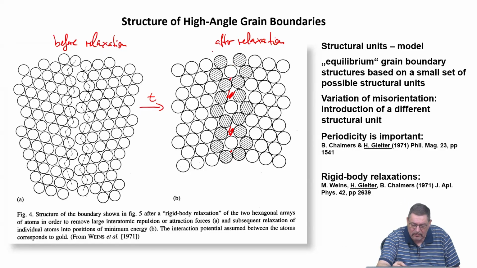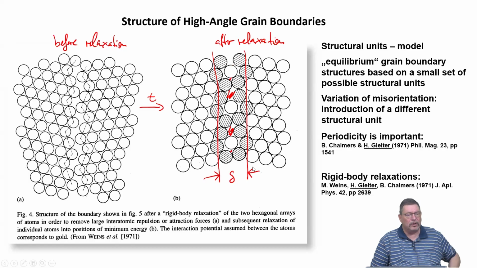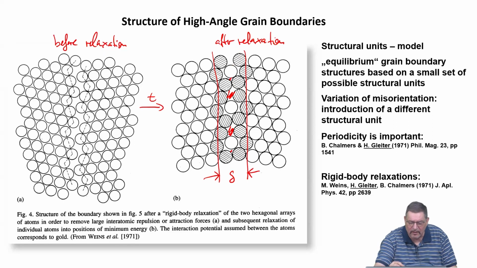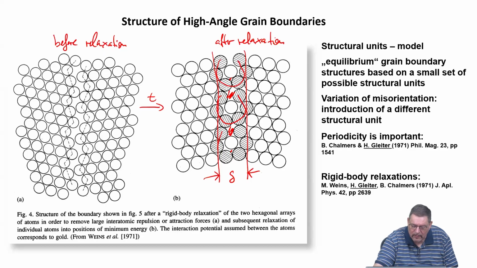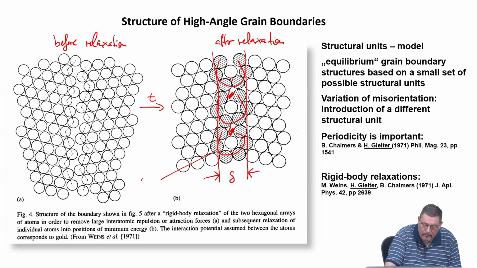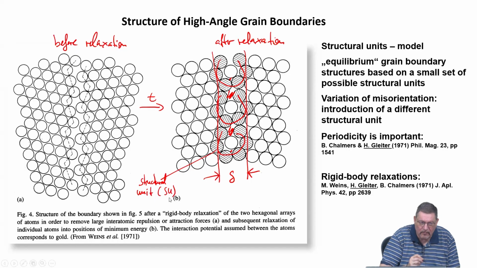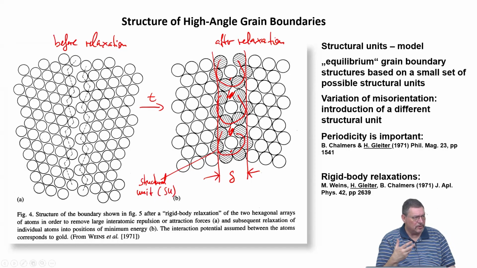You also see why the width of the boundary as having roughly 2 interatomic distances is rather correct, because you can fit this structural unit nicely into this effective thickness. This is the structural units model.